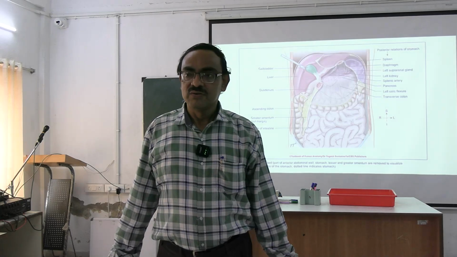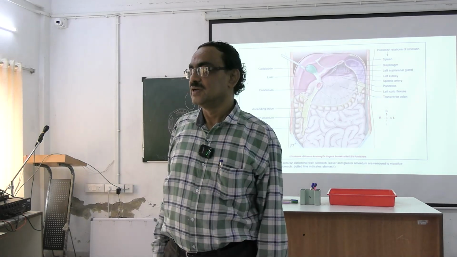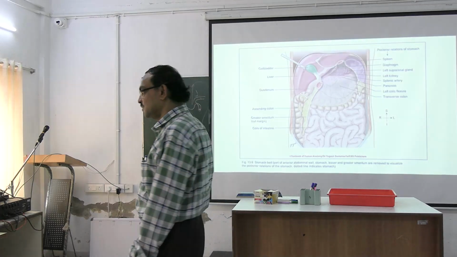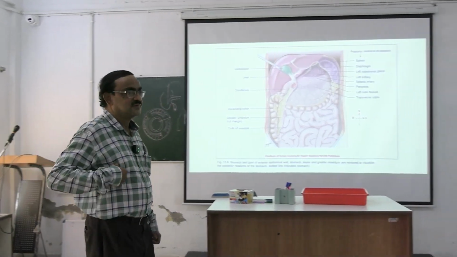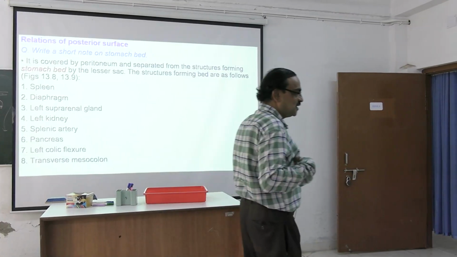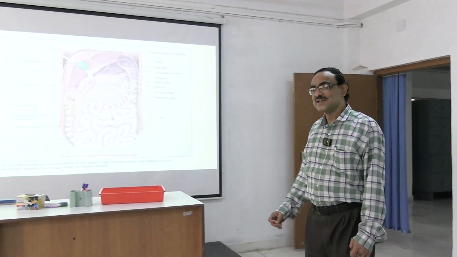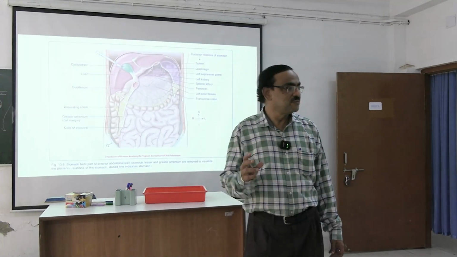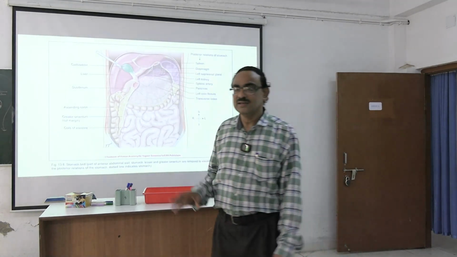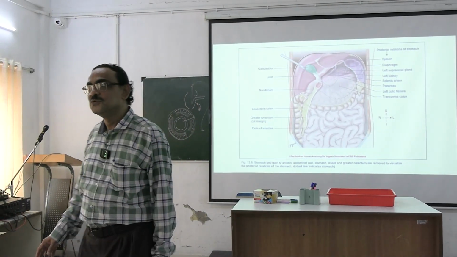In supine position it forms a bed. So what are those structures we will get? We can remember it with a very funny mnemonic. There are several structures: diaphragm, kidney, pancreas, splenic artery, transverse mesocolon.